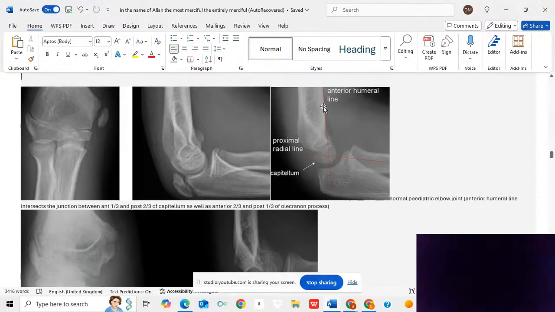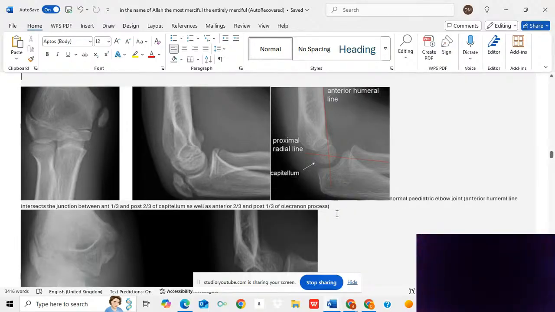So if you got disturbed intersection of the anterior humeral line, this is a sign of either elbow fracture or dislocation. Okay, very important. Don't forget.